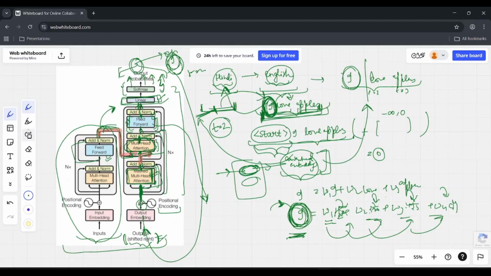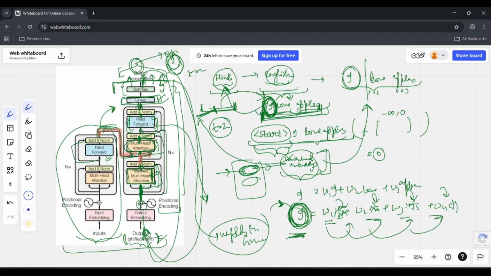But our decoder model unfolds in time. It's a single architecture, but at every time step, we take the output and pass that as input so that it can produce the next output. So we start from here at time step t equals 1.